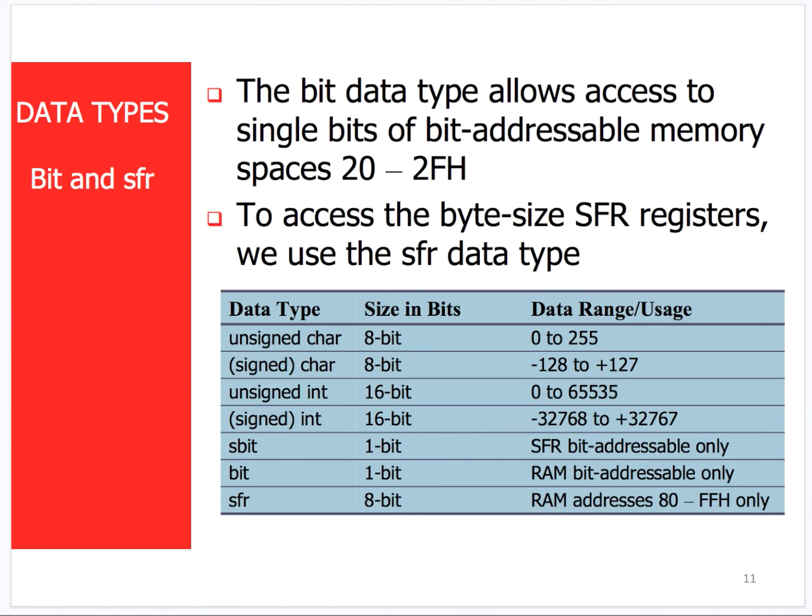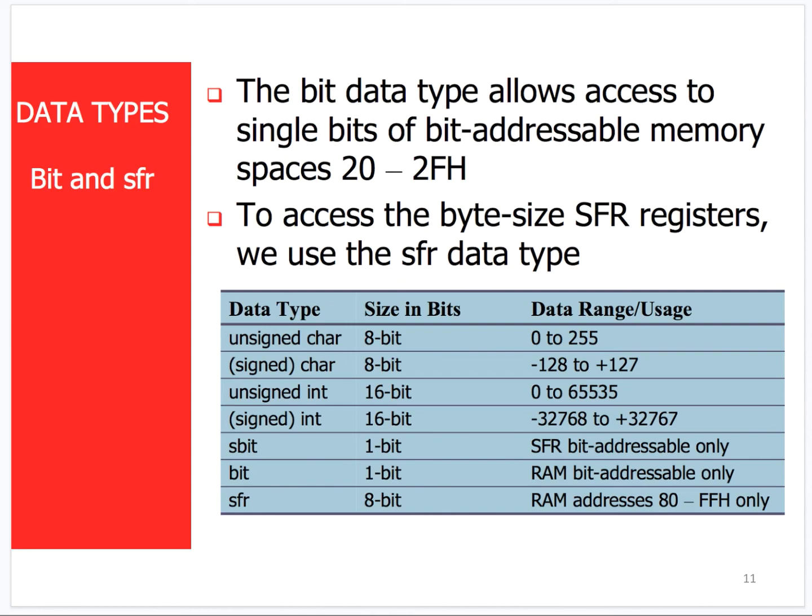Now, let's talk about bit. The bit data type allows access to single bits of bit addressable memory spaces from hexadecimal number 20 to 2FH. To access the byte size SFR registers, we use the SFR data type. Talking about data type, size in bits, and data range or usage.